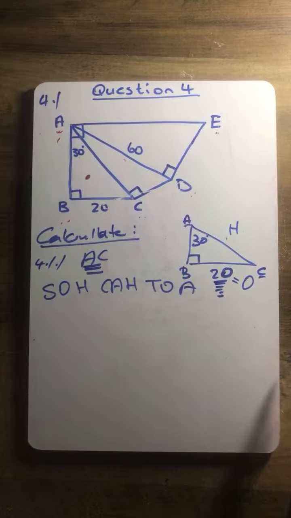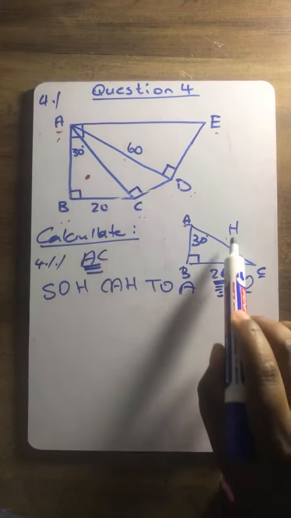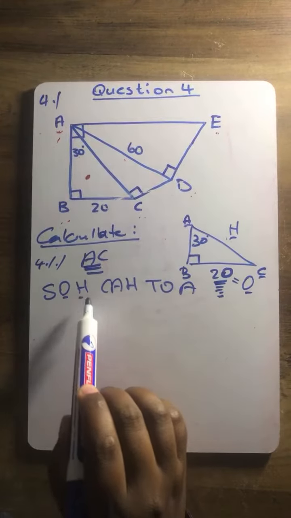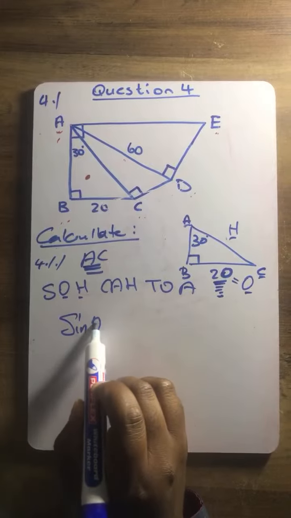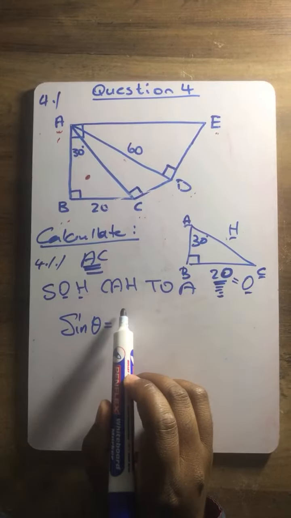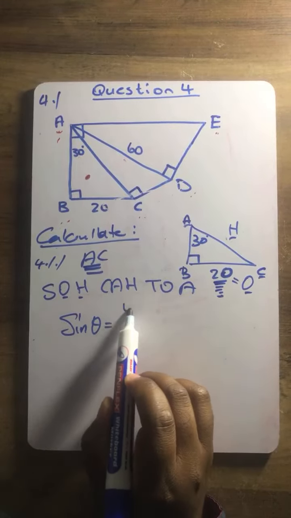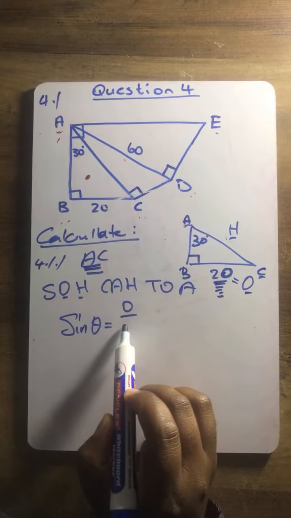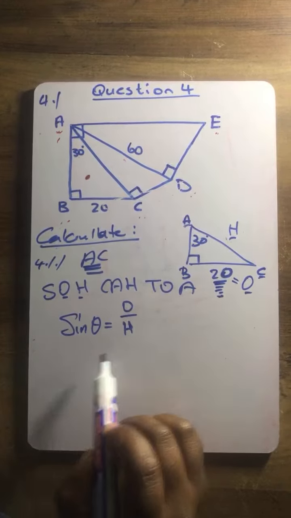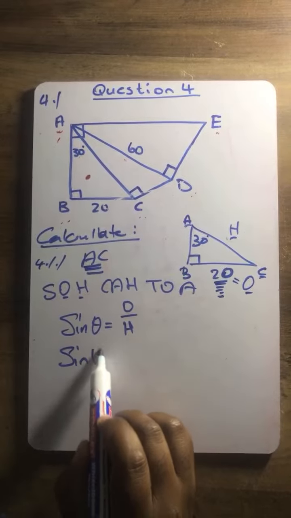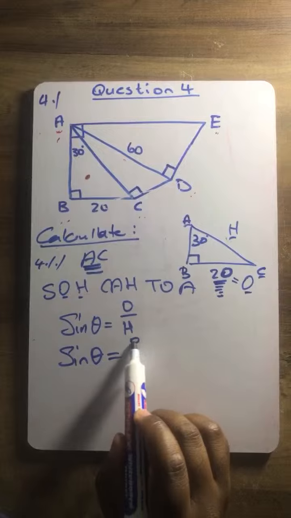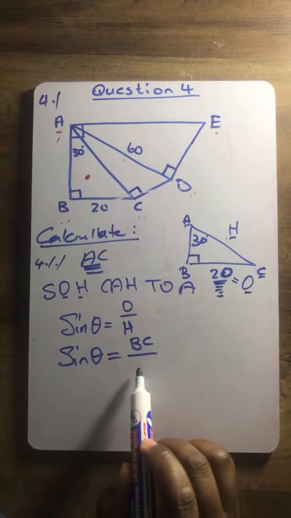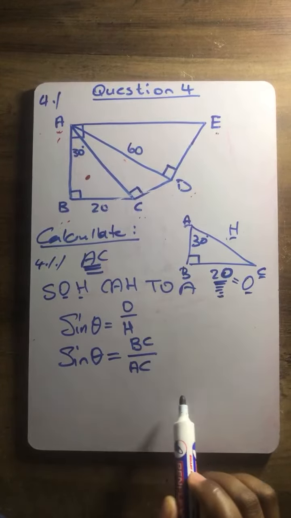So you need to look for the trig ratio that has opposite and hypotenuse. I think it is this one, for sine. So sine of an angle equals opposite over hypotenuse. In terms of those letters, it would be BC being the opposite over hypotenuse being AC.